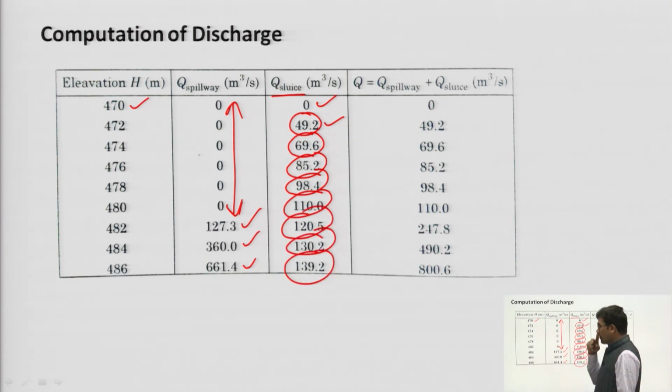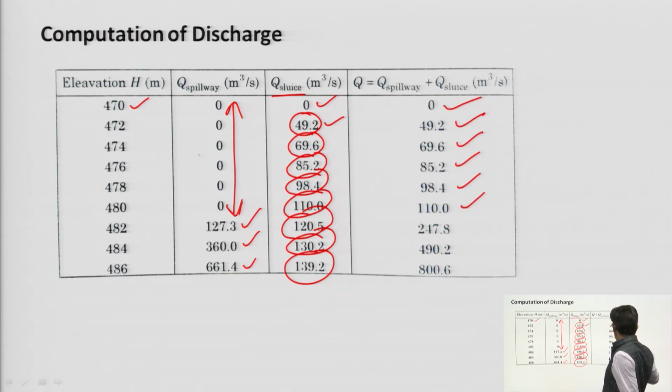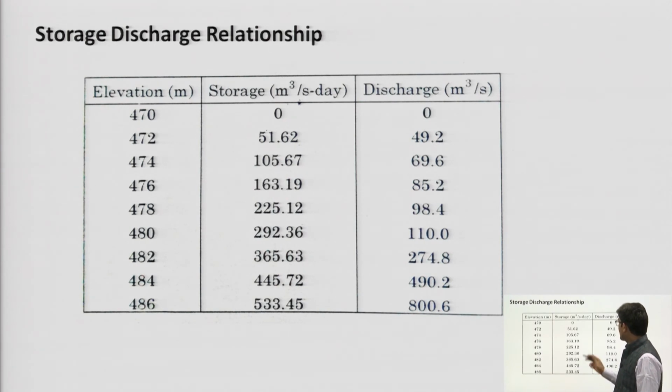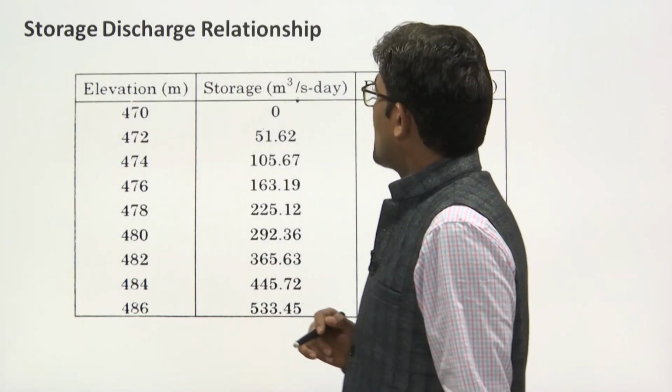Therefore, the total discharge will be the summation of these two, spillway plus sluice. By summing up, we can calculate the total discharge. So, in summary, we have this storage-discharge relationship.